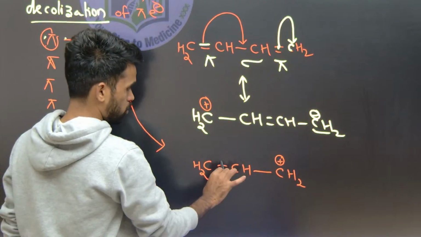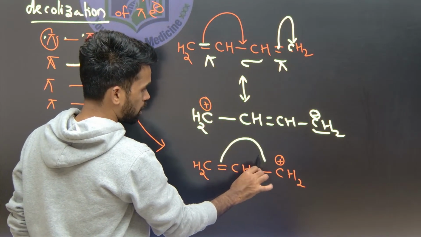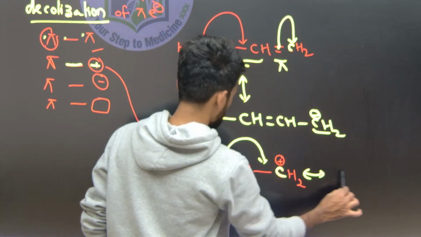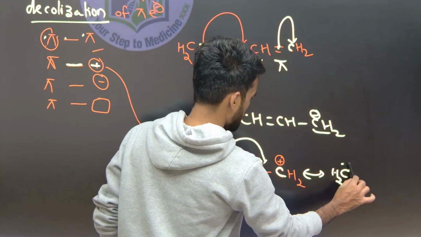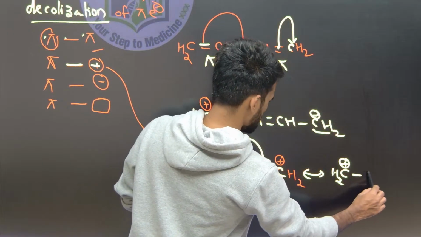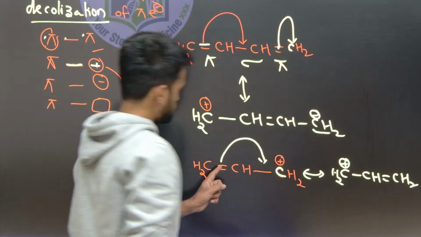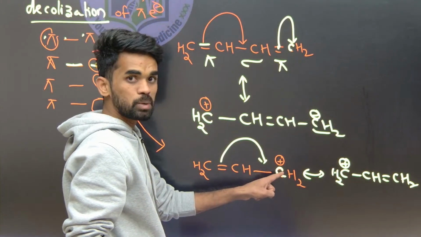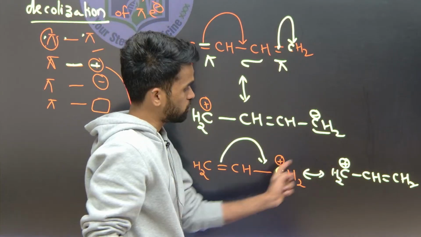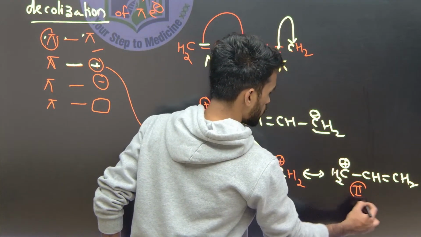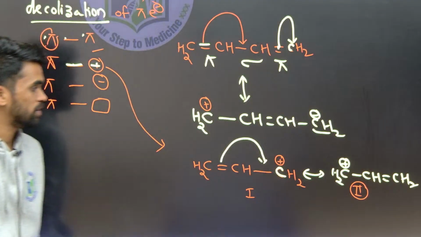Now this pi bond can shift into the vacant p orbital of this carbon, so that you will get CH2 positive, CH double bond CH2. See, this pi bond is shifted into the vacant p orbital of this carbon, which is the carbocation, forming this kind of conjugation. So 1 and 2, okay. Hope this is clear without any confusions.